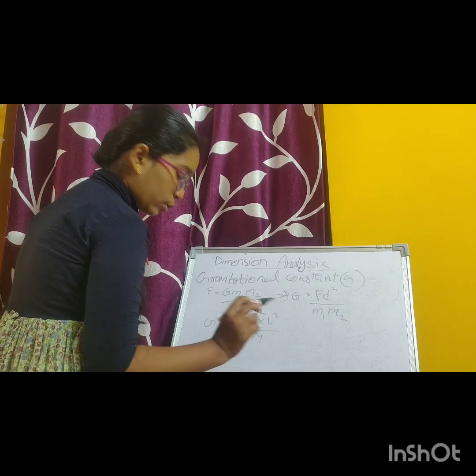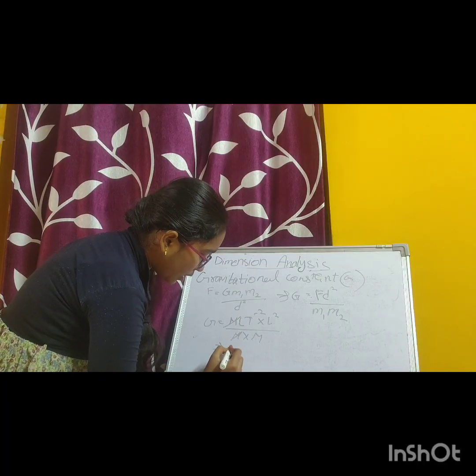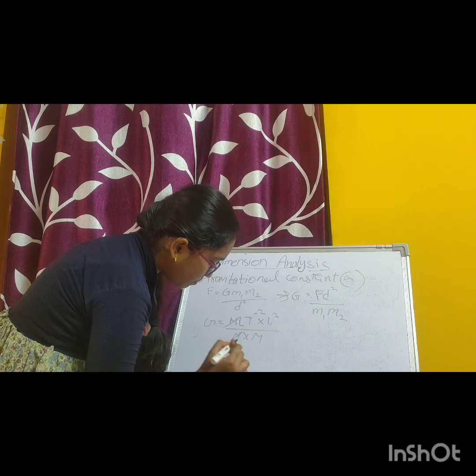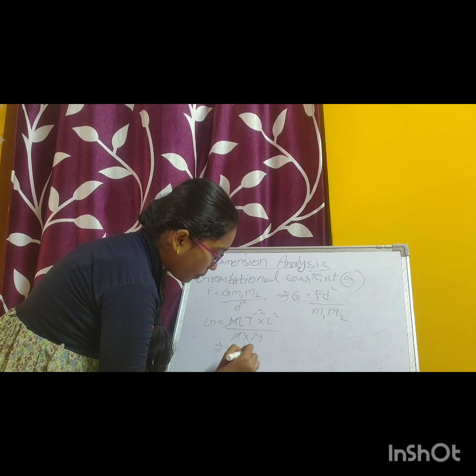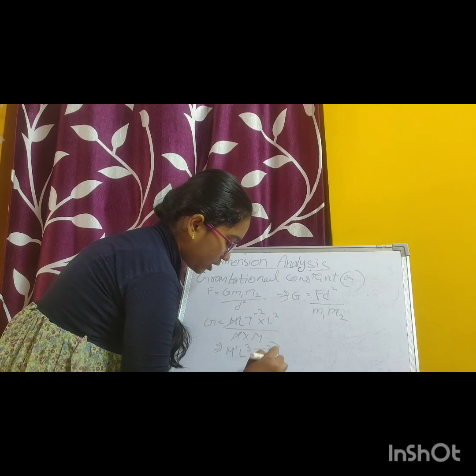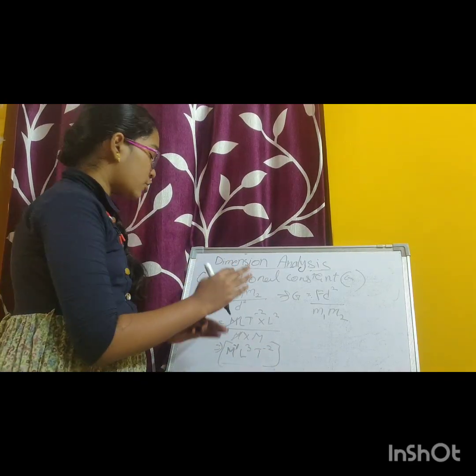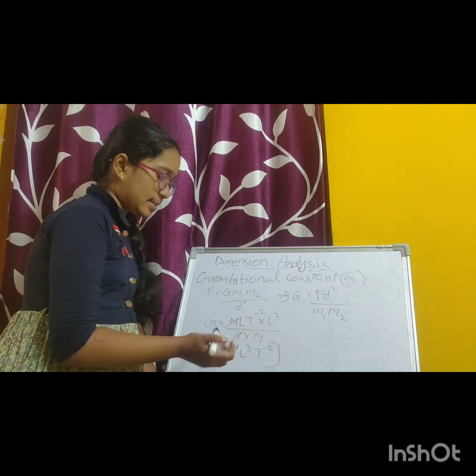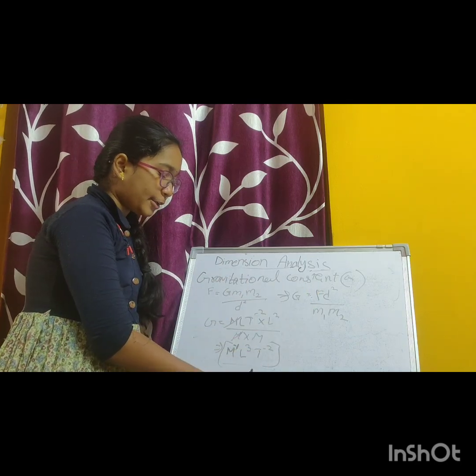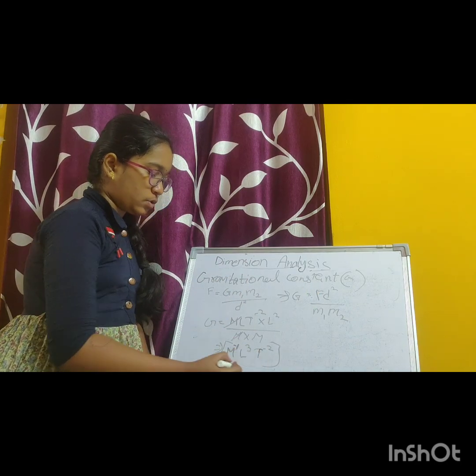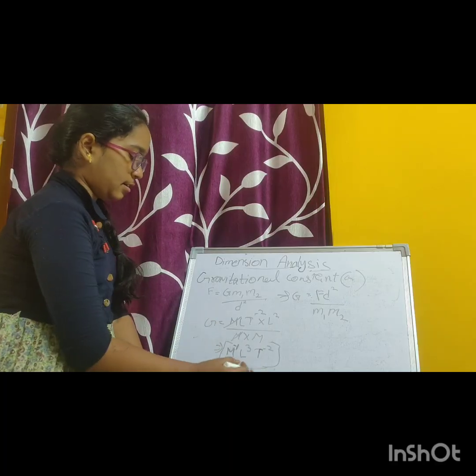So the dimensional formula will be M power minus 1 L cube and T power minus 2. I repeat, the dimensional formula of gravitational constant is M power minus 1 L cube and T power minus 2. This is the formula.